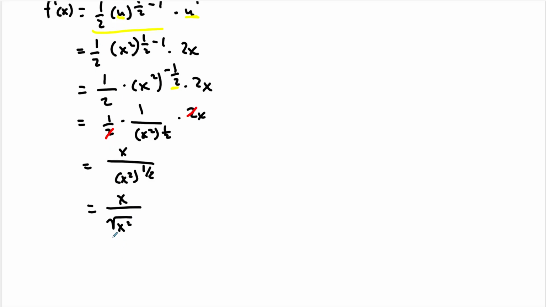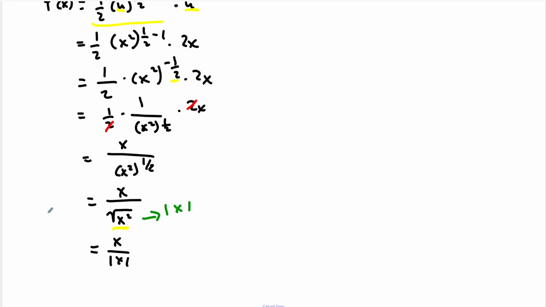And remember that the square root of x squared is really the absolute value of x. So we get x over the absolute value of x as our derivative. Therefore, f prime of x equals x over the absolute value of x.